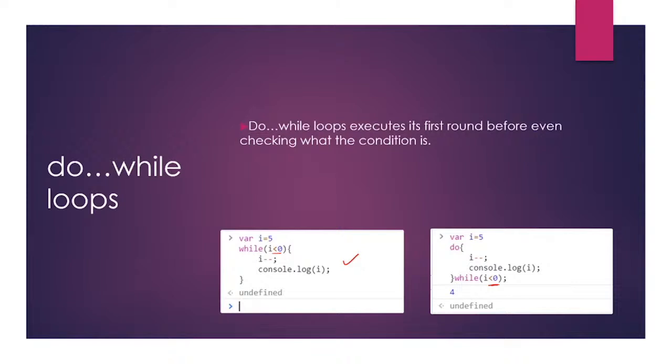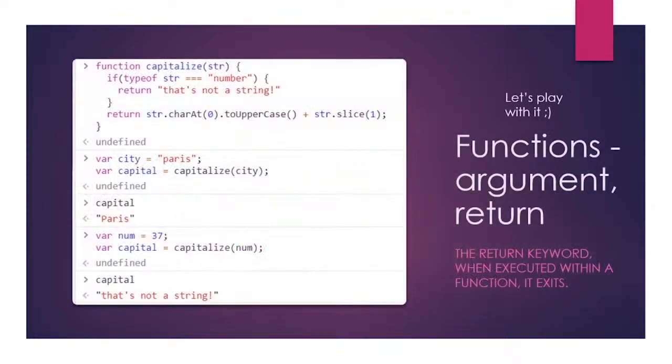Okay, and when it does that particular part, like if we see i is equal to 5 and then we subtract 1, it says 4 because we console.log that, and then it checks the condition and then it ends, because now it won't enter the loop again and again. Okay, so now it gives me undefined.